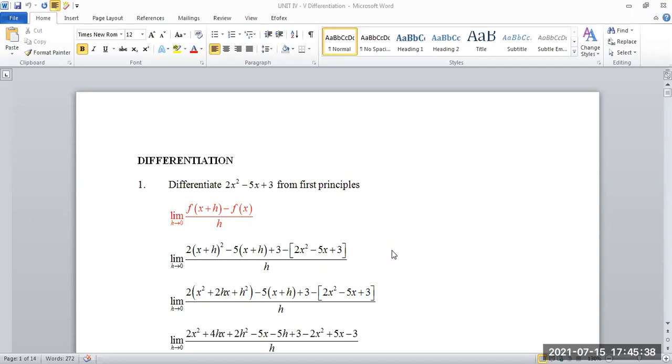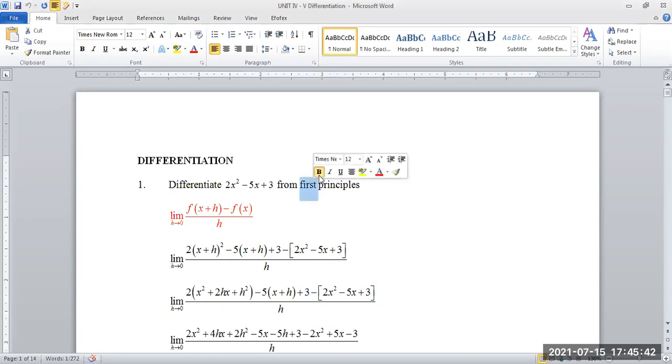Now, this is differentiation from first principles. If you get a question and they say to differentiate from first principles, but you choose to do a different method of differentiation, as there are many, then you'll be wrong.